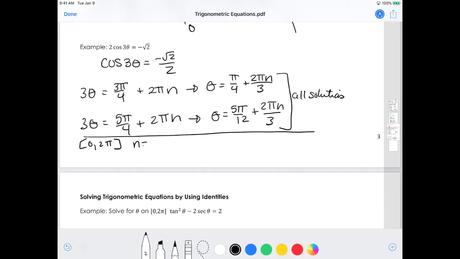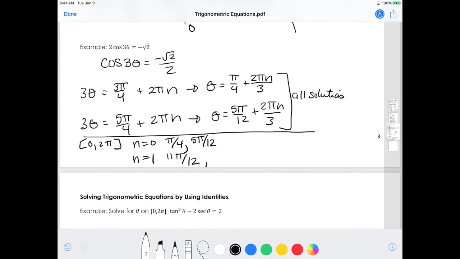Okay, so when n is 0, I'm going to get pi over 4 and 5 pi over 12. When n is equal to 1, I'm going to have pi over 4 plus 2 pi over 3, and when I find a common denominator and add that, I'm going to get 11 pi over 12.